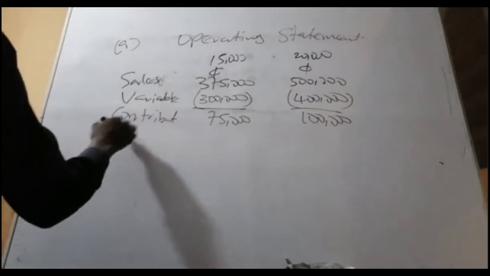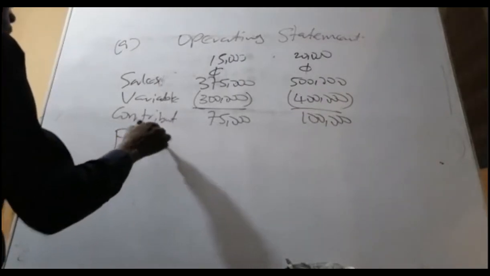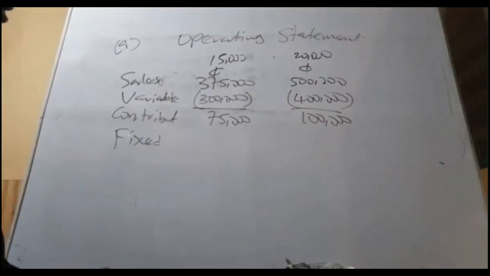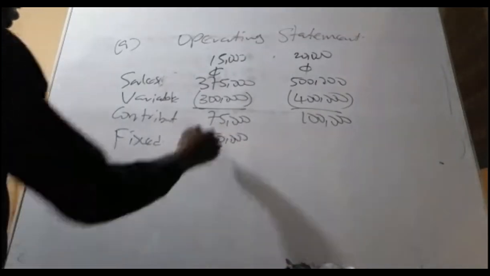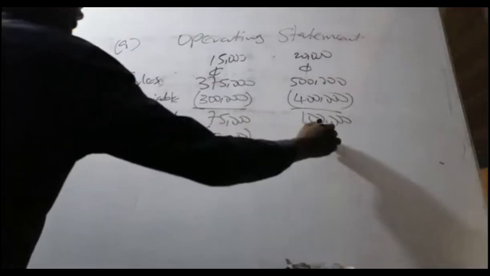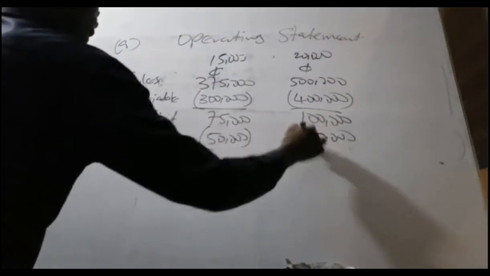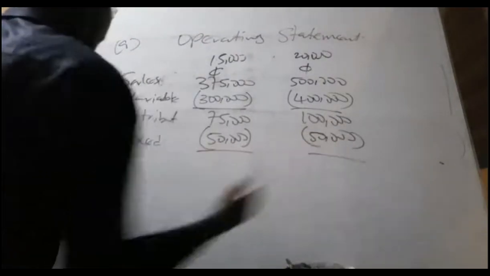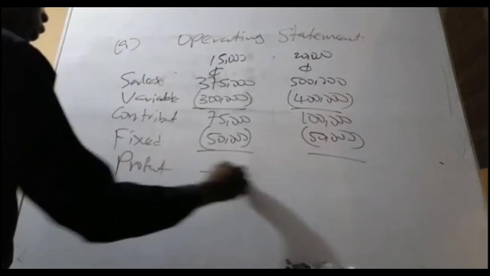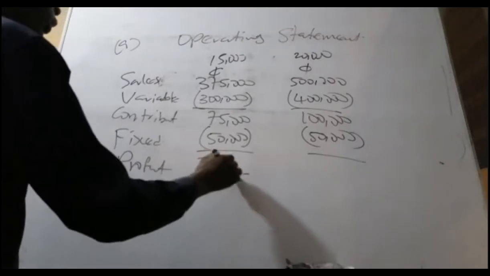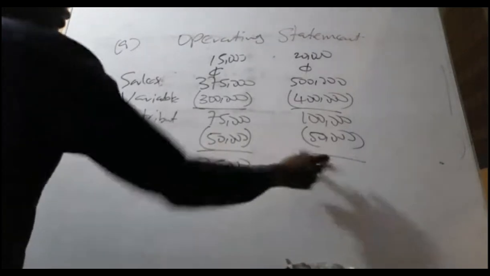What is the fixed cost here? 50,000. We take it off. Here is 50,000, right? We take it off. What is the profit? The profit here is 25,000, and here it will be 50,000.